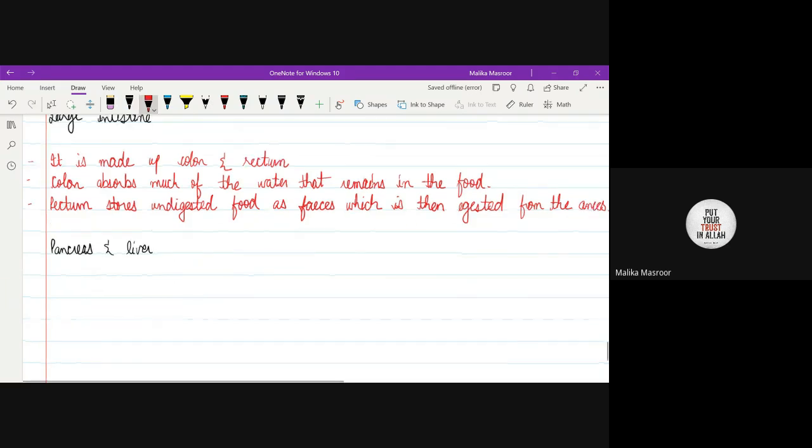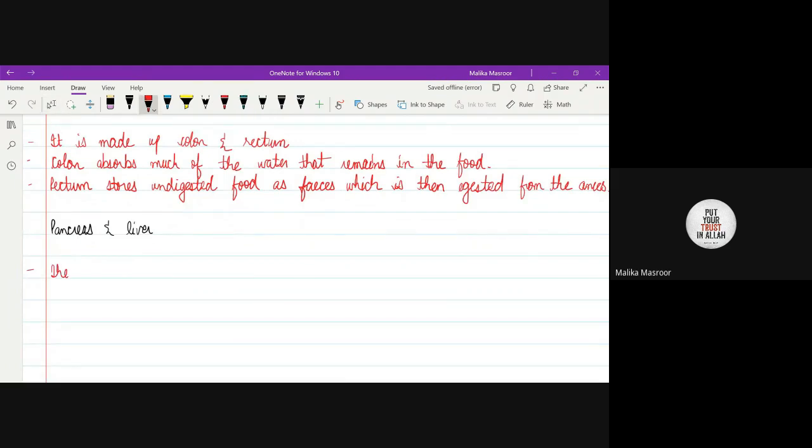So they are both important organs, as their secretions help in digestion, but they're not included in the alimentary canal.